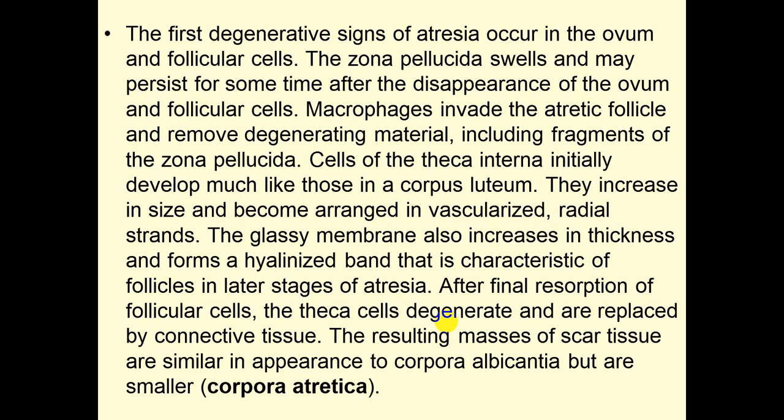So, after final resorption of the follicular cells, the theca cells degenerate and are replaced by connective tissue. The resulting mass of scar tissue is similar in appearance to corpora albicans, but now we call it corpora atretica. It is also the same connective tissue white scar.